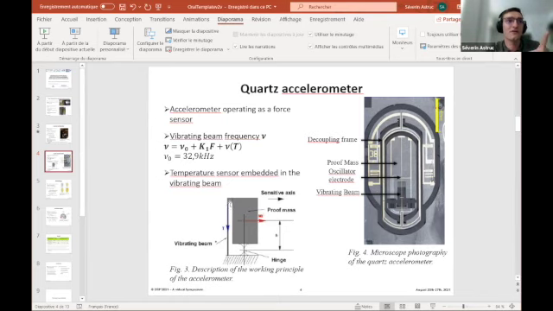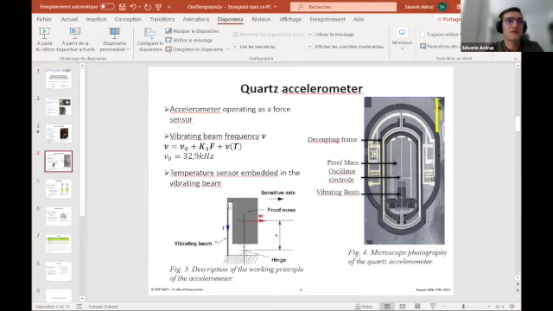Thus, the vibrating beam will receive a constraint. We will increase the frequency of the vibrating beam, like a guitar string.